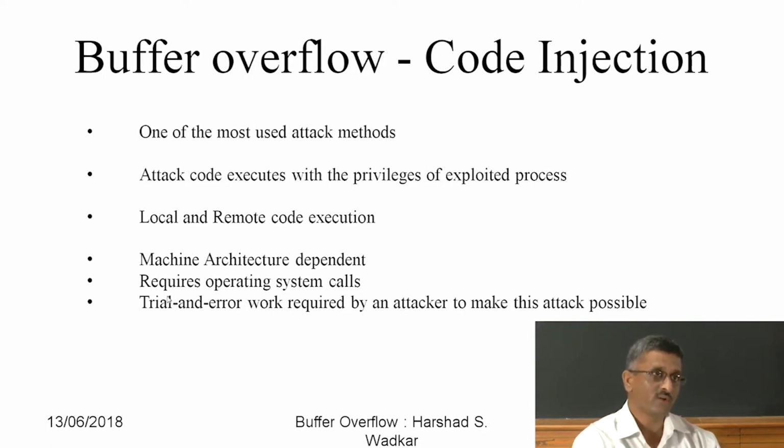The code for Linux to make a jump to a particular location and then do this attack is different from Windows, because there are different system calls. All those things will come into the picture. So machine architecture dependence is helping us. If a buffer overflow attack is possible on Windows, the same code will probably not work. The attacker cannot use it directly on a Linux machine. He is required to write different shell codes. So the attacker's job is increased.